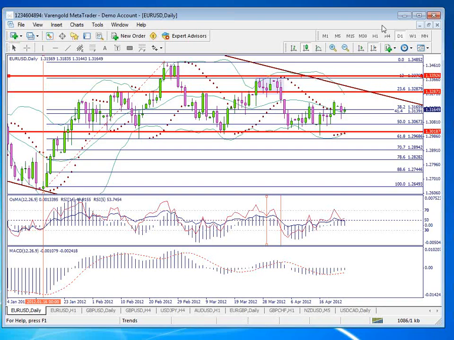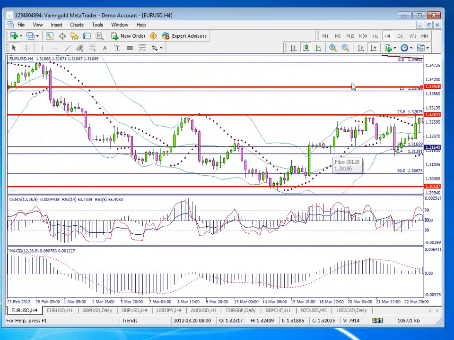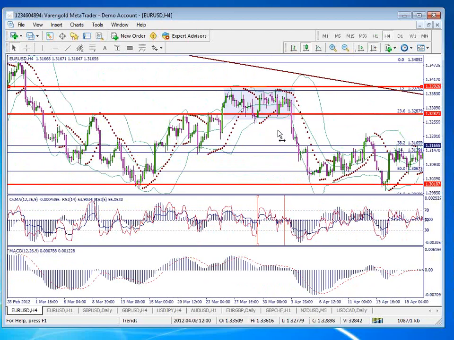I will look also at the 4-hour chart. Okay, so the maximum stop loss will be a few pips to the upside of the 13 level, and this means about 20-25.